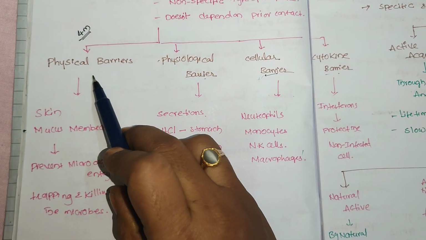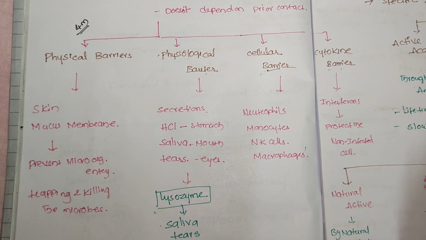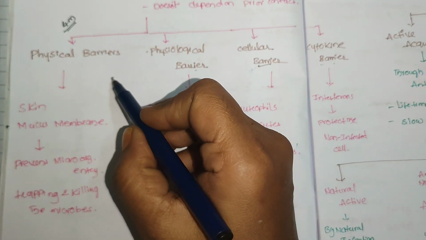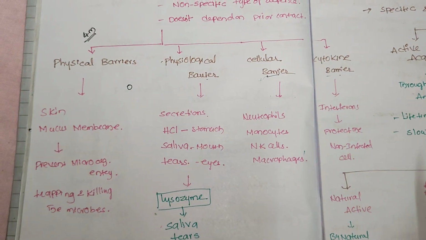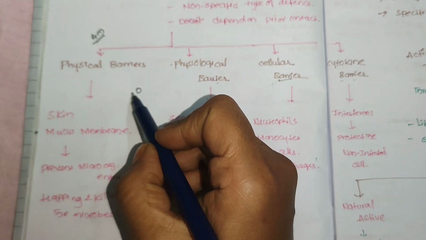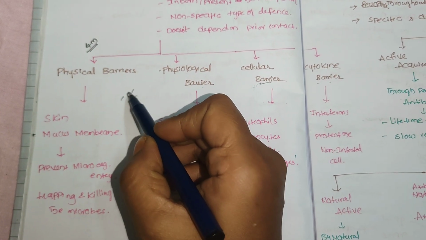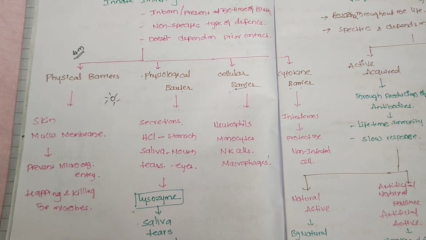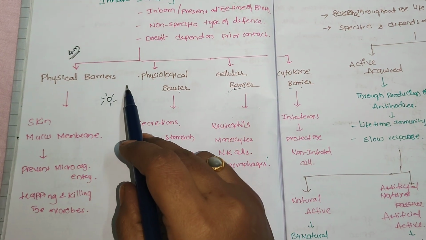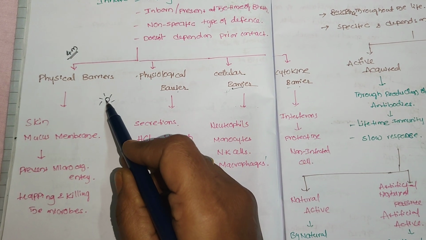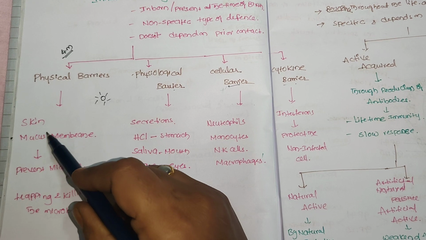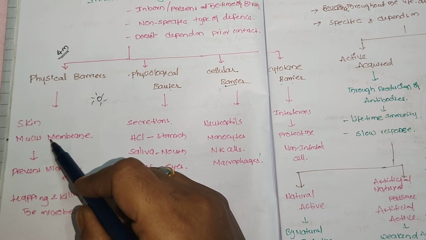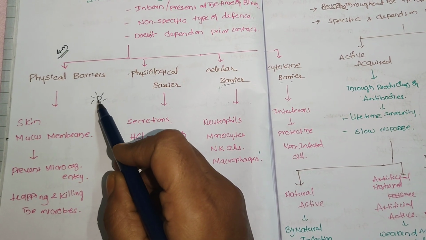First of all, the physical barrier. When a pathogen enters our body, the body defends itself. That is a barrier. These protect our body from the pathogen.